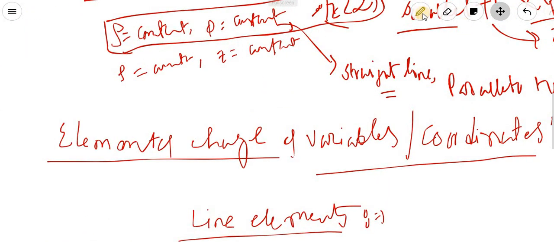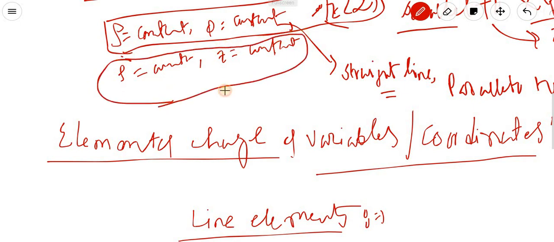Now one more special case: if rho is constant and z is also constant, then what will we be getting?